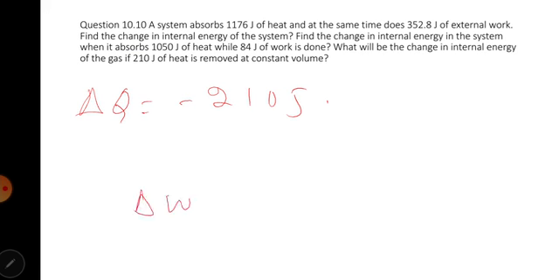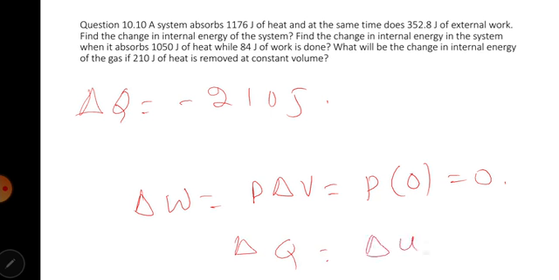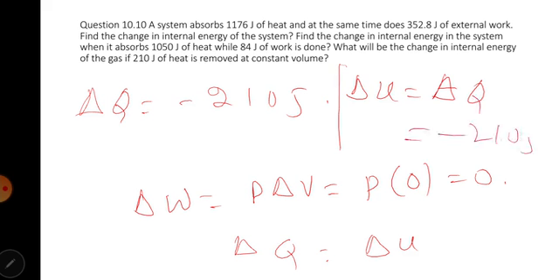Del W is equal to P del V. Change in volume is 0, so work is 0. Del Q is equal to del U, so del U is equal to del Q, and del Q is equal to minus 210 joule of energy. So this is the answer.